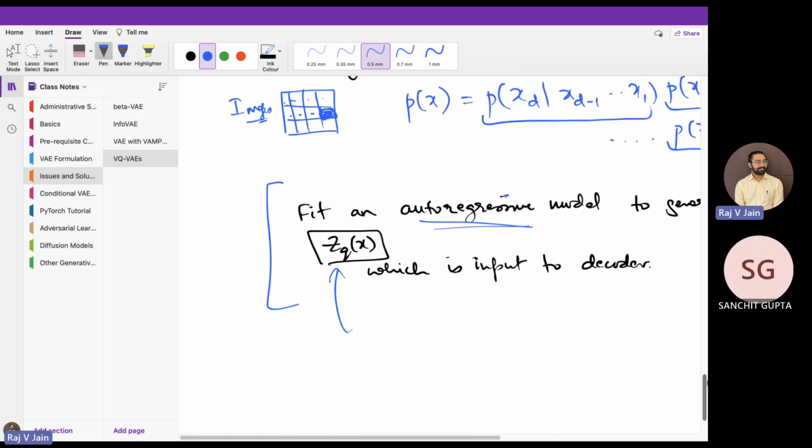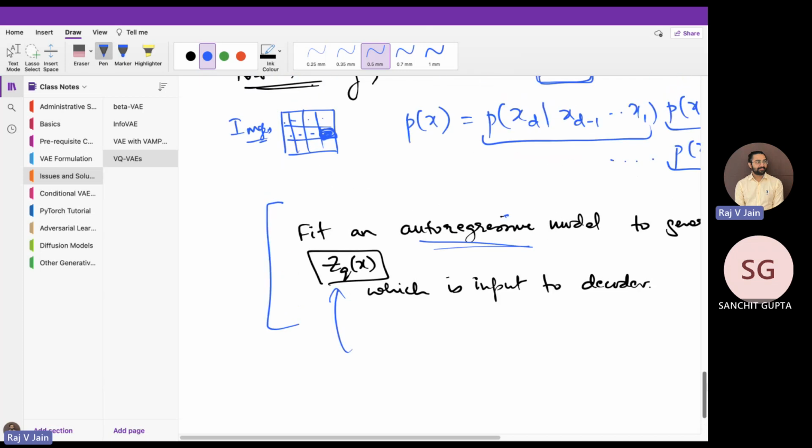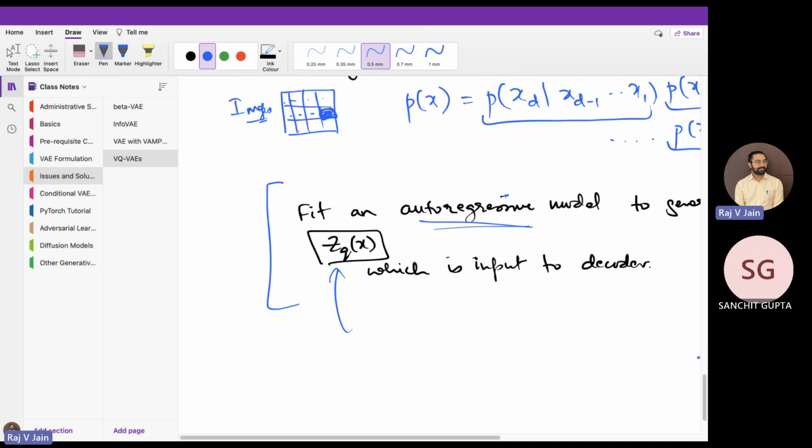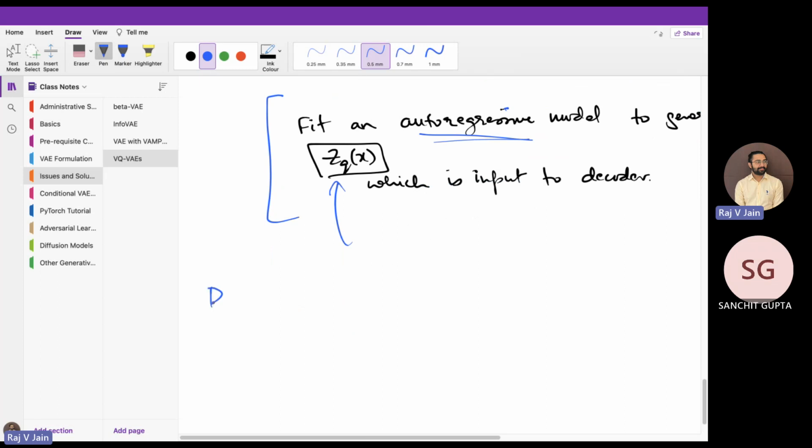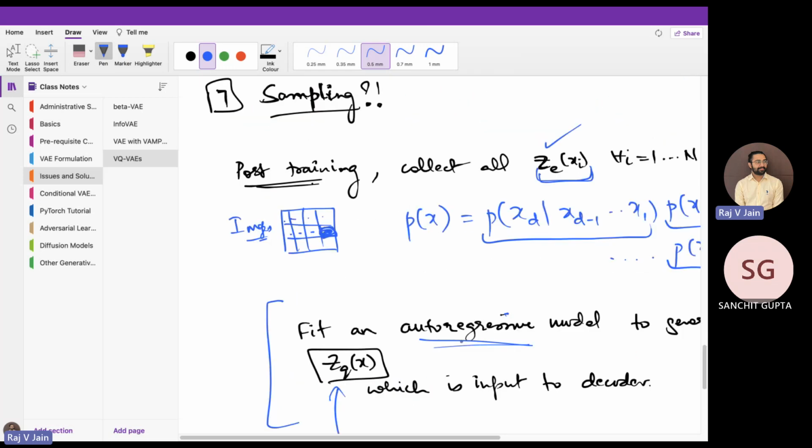But this became a base for something called the DALL-E model, version 1, and version 2 was a diffusion model based idea. Hence it became very famous, and this sort of idea took over.